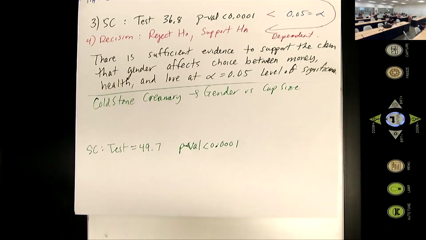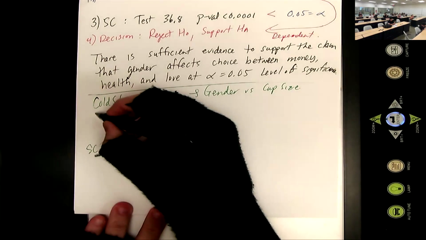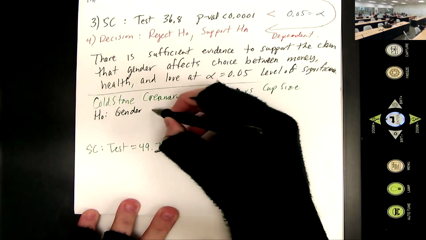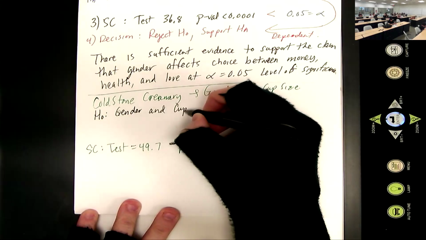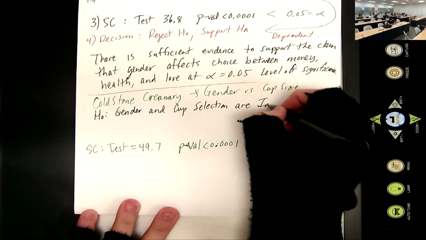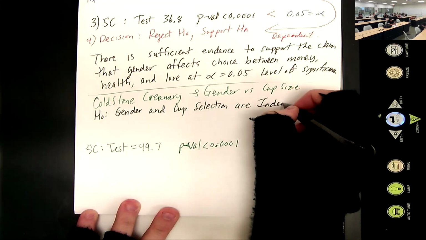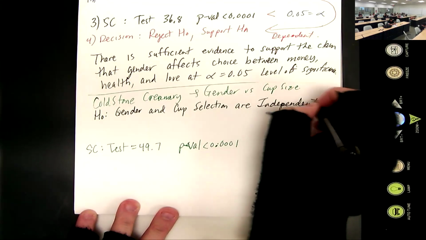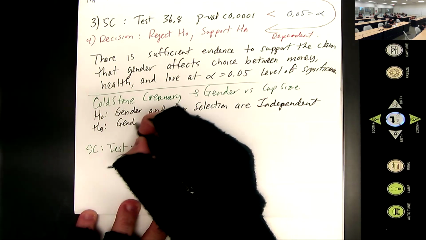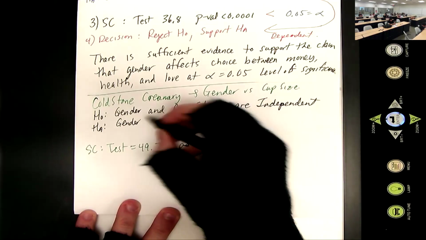So for the chi-square test of independence, you're comparing whether or not the columns and rows are independent or dependent. So H naught is gender and cup selection are independent. And HA is gender affects cup size, or cup selection.